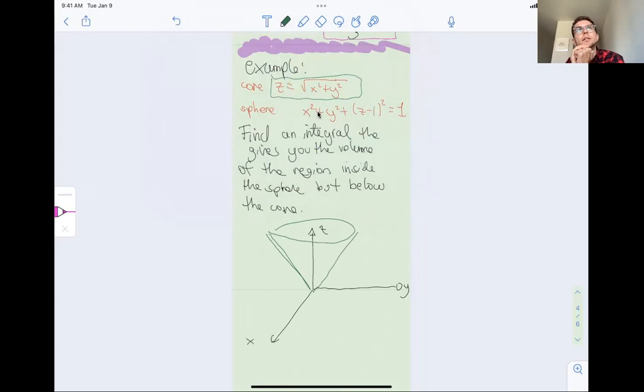Let's see. Is this going to work? Maybe I need to make the sphere a little bit bigger.